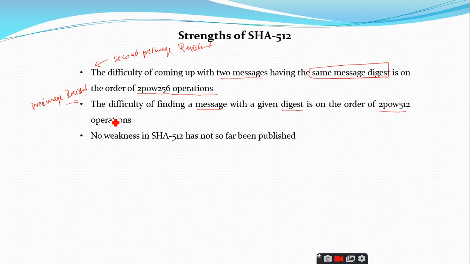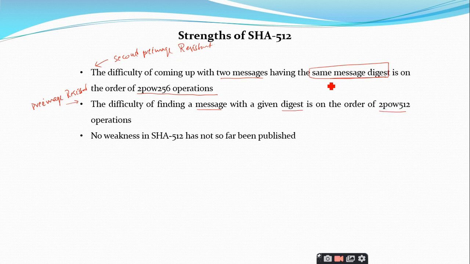So the hash function should be defined in such a way that you cannot generate the message from the given digest or for the given hash value. This is what the pre-image resistant is going to discuss. So by using this SHA-512, the pre-image resistance will hold with 2 power 512 operations. A very hectic task. It will not happen.